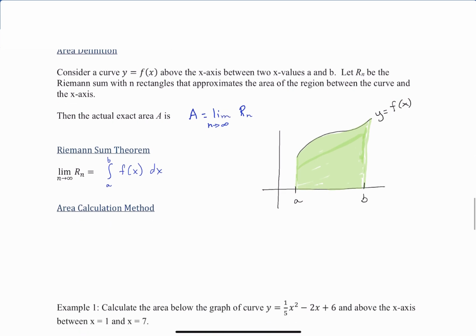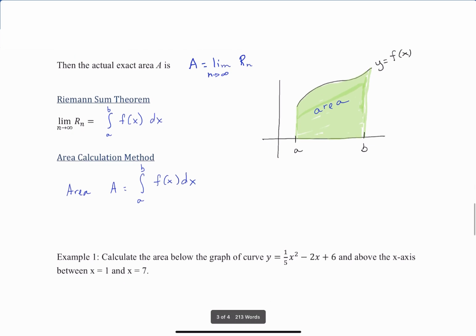So putting all that stuff together, here's our area calculation method, our formula. The area A is the definite integral from a to b of f of x dx, where I'm talking about this area right there.